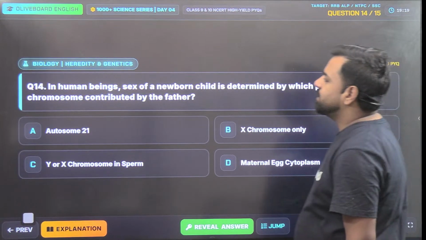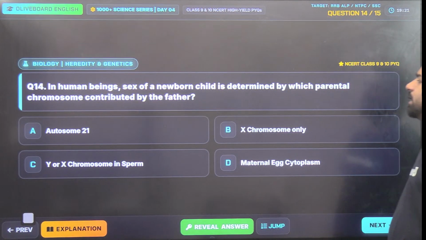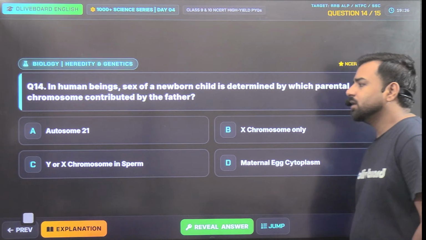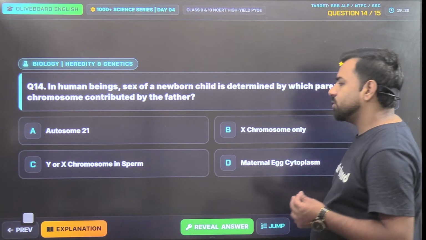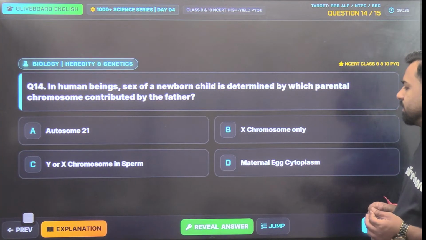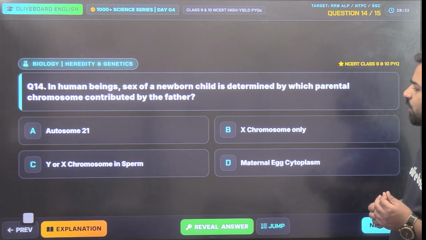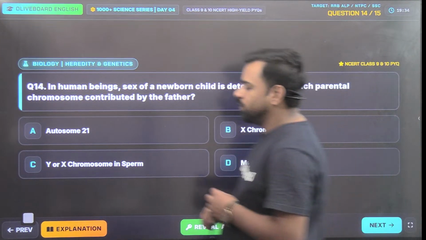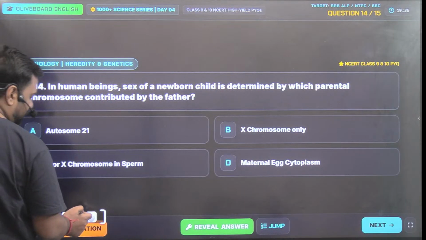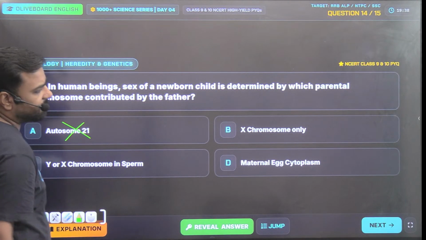In human beings, sex of a newborn child is determined by which parental chromosome contributed by father? Autosome 21, X chromosome only, Y or X chromosome in the sperm, or is it maternal X cytoplasm? So yes, there is no relation with the autosomes, so that cannot be the answer.